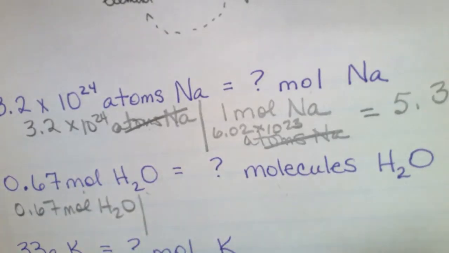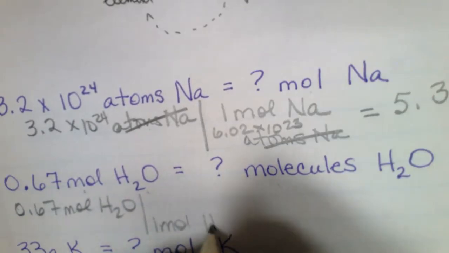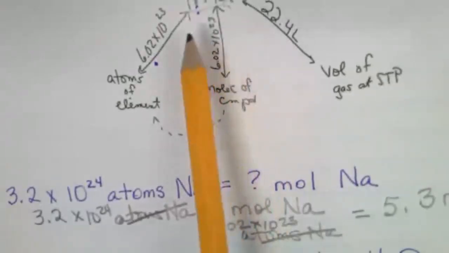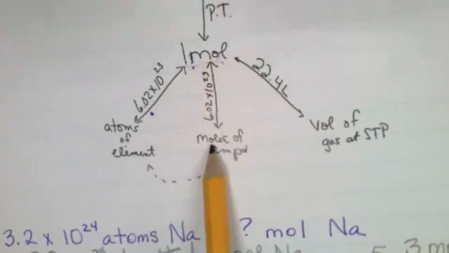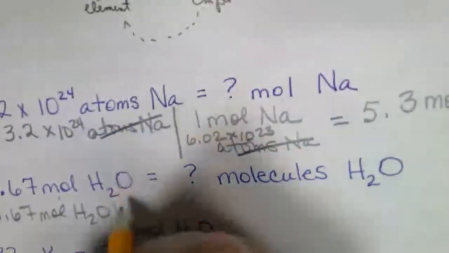And remember, 1 goes with mole. That helps me remember where to put Avogadro's number. And it says in 1 mole of any compound, 6.02 times 10 to the 23rd.